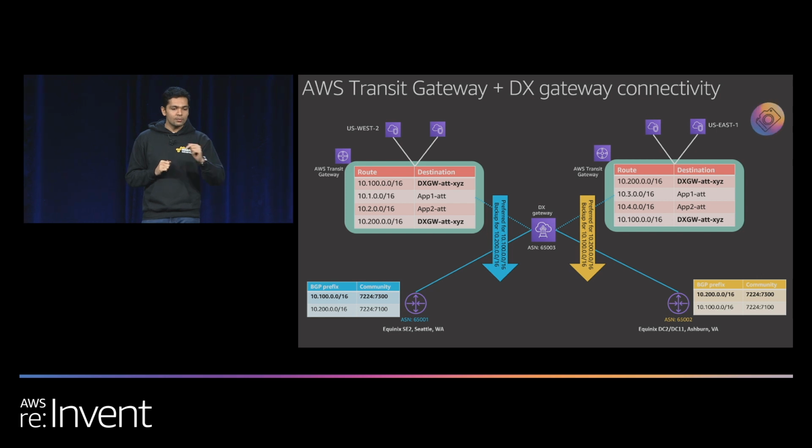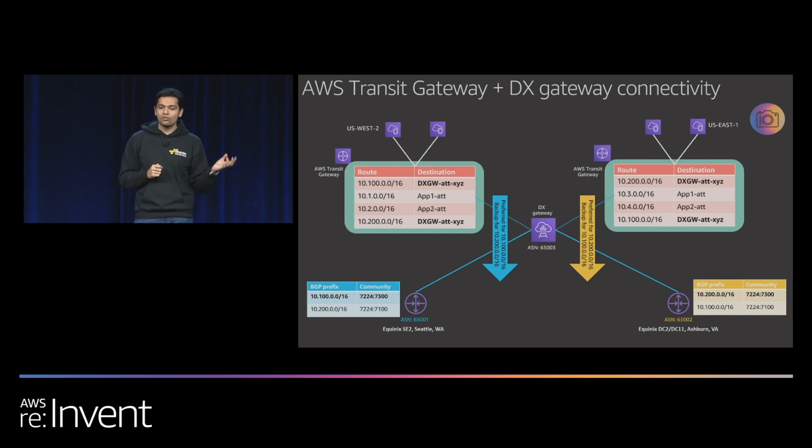Now, for redundancy purposes, you may have both of your on-premises locations advertising the same prefixes, and in order to achieve traffic predictability during the steady state and during failure state, you need to use local preference communities when you advertise your routes to AWS.